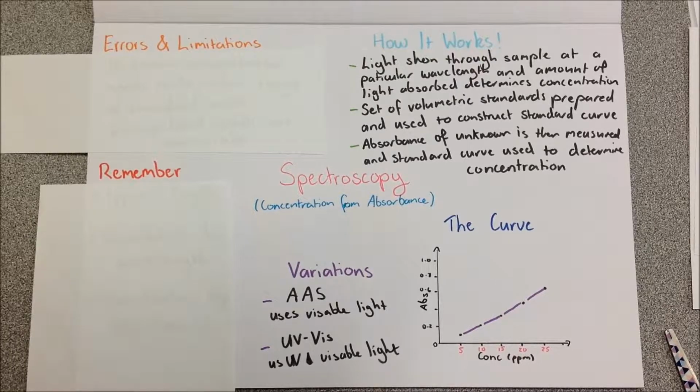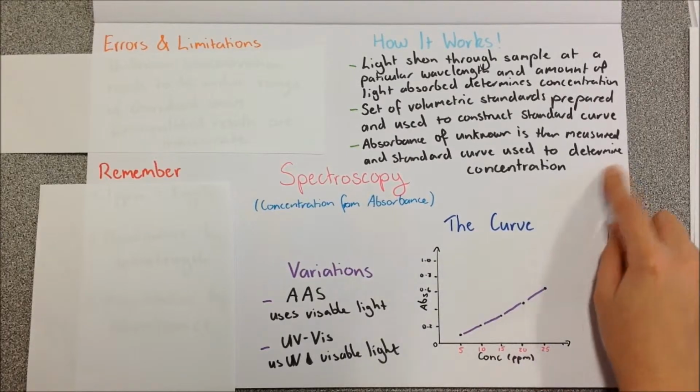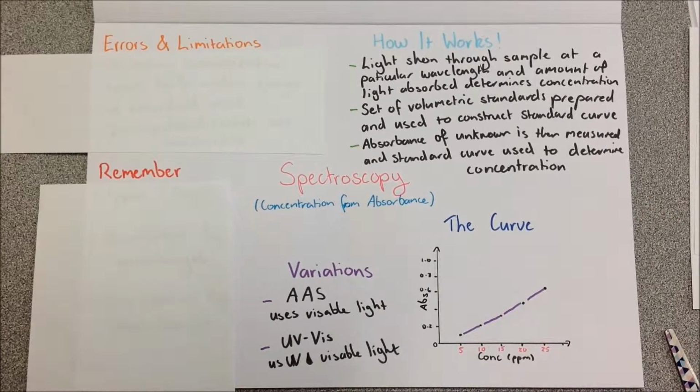So now that we have our standard curve, we can then get our unknown solution, measure its absorbance, and see where that falls on our standard curve to determine its concentration. So say we got our unknown sample, popped it in the spectrometer, and we got a reading of 0.45 for its absorbance.